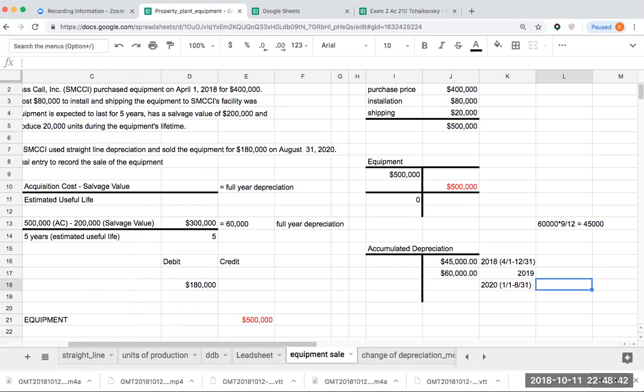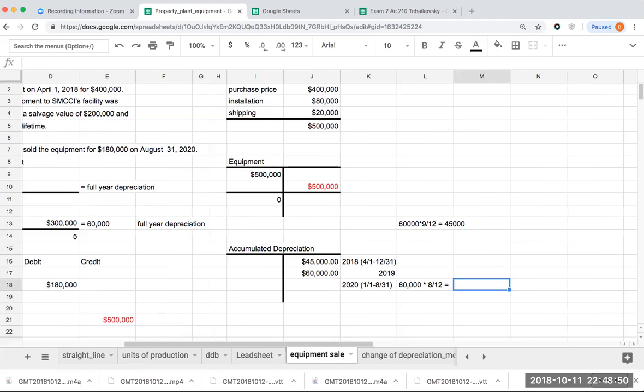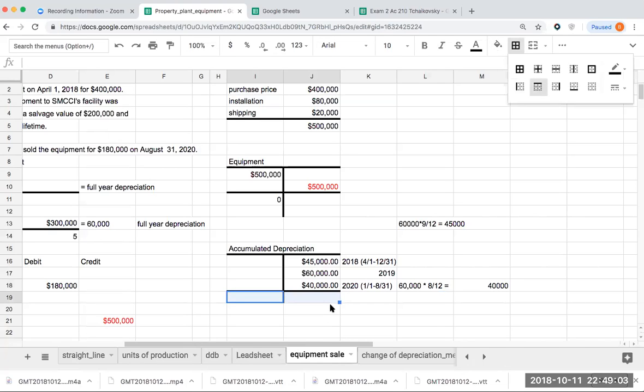So I'm going to take 60,000 times 8/12, which will be $40,000. So I'm going to have this amount in accumulated depreciation for those 8 months.